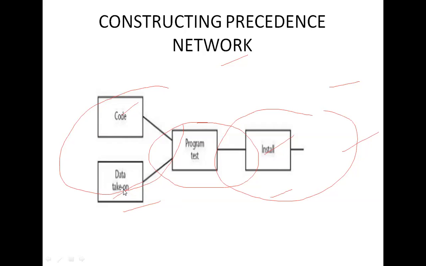Note here, we do not take code and data take as the precedence of installation. The immediate precedence is the program test only. We give precedence to the program test, and the program test's precedents are code and data take. Time moves from left to right.